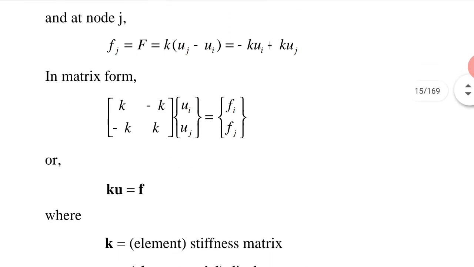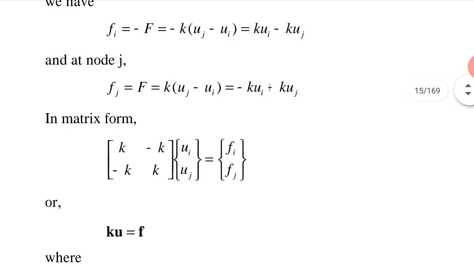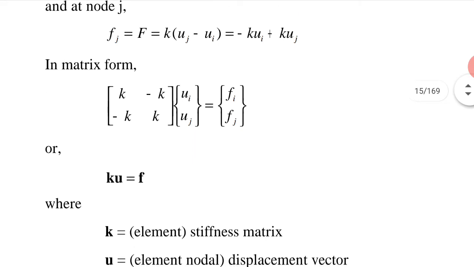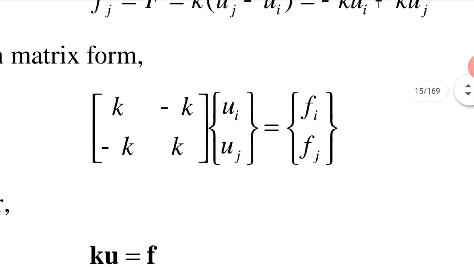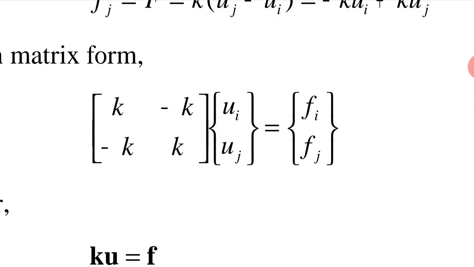If we take these two equations in the form of an equilibrium matrix, that is k into u is equal to F, then we will get the matrix k, minus k, minus k, k, times ui, uj, equal to Fi, Fj.